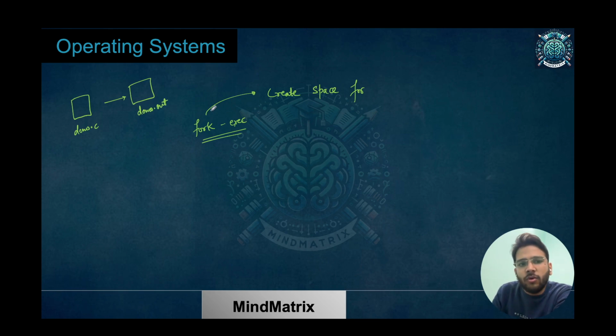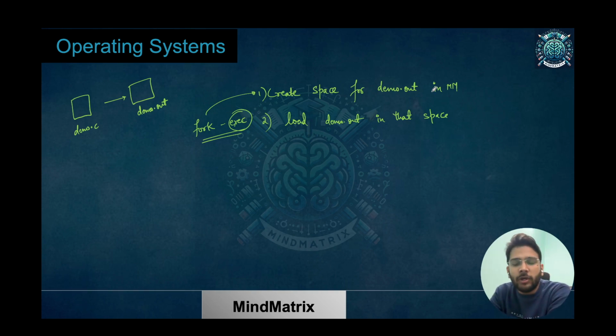So when you call fork, it is going to create the space in the main memory for demo.out. This is the first step. What about exec? It is going to load. First space will be created in the main memory, and then it is going to load this demo.out in that space. So this demo.out will be loaded in that space, and then it is going to execute further.